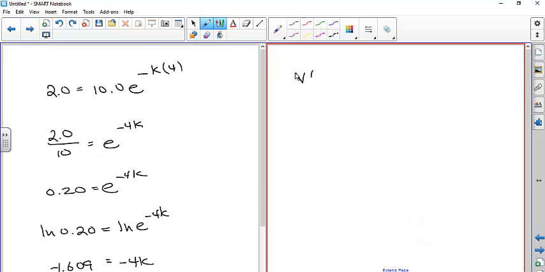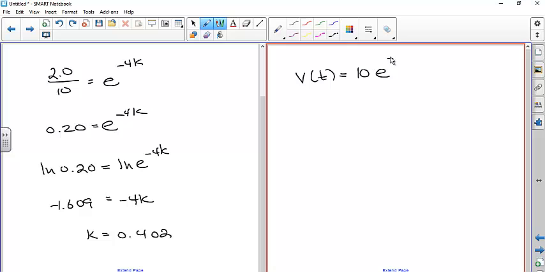So now we know V of t is equal to 10 e to the minus 0.402 t. And then the final one, what would be the voltage after 8 seconds? So that means you're evaluating the function at t equals 8. So that's just plugging in 8 into your expression.